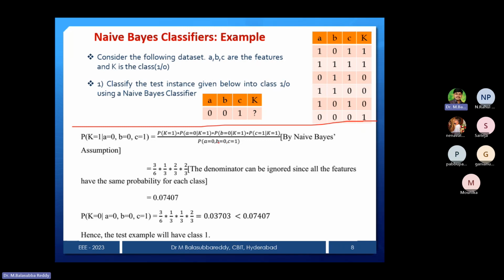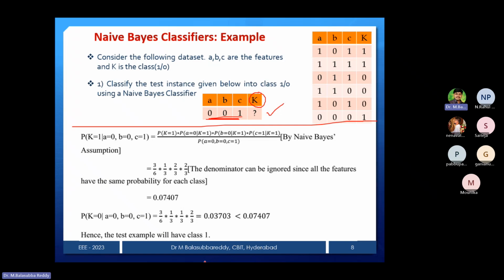Now what we want to do: what is the probability of K is 1, and what is the probability of K is equal to 0?